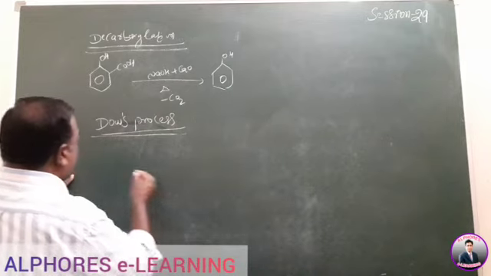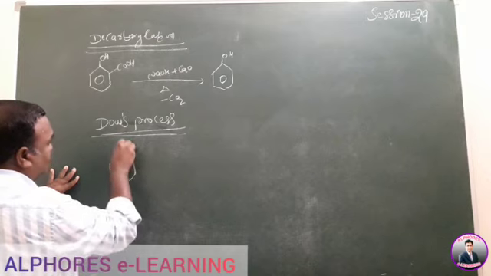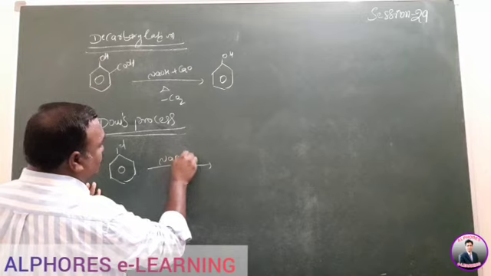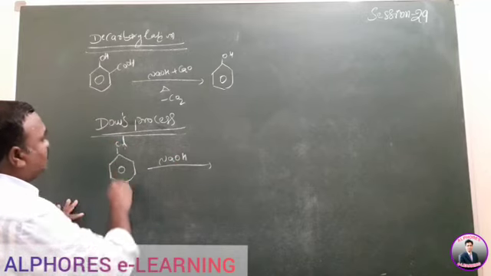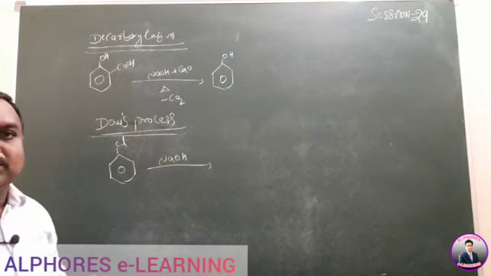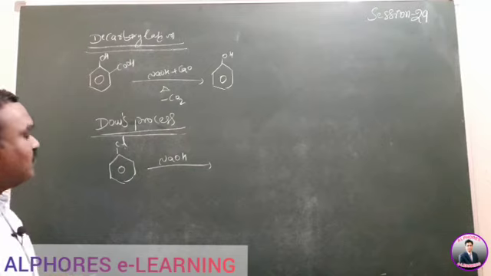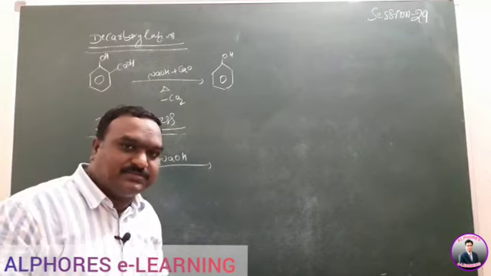So here chlorobenzene is given, and this compound reacts with sodium hydroxide. If you apply sodium hydroxide under normal conditions, there is no reaction, due to the formation of a double bond between the carbon and chlorine. We discussed that concept.